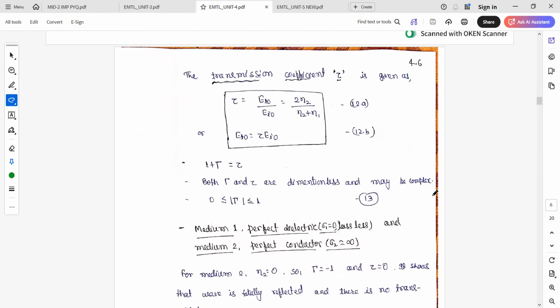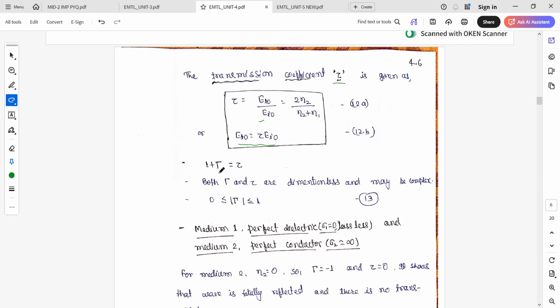Transmission coefficient, which is represented by tau, is the ratio of the magnitude of the transmitted wave and the incident wave. In terms of the intrinsic impedance of medium 2 and medium 1, we can write 2 eta 2 by eta 2 plus eta 1, or in general expression, E_t0 equals tau into E_i0.